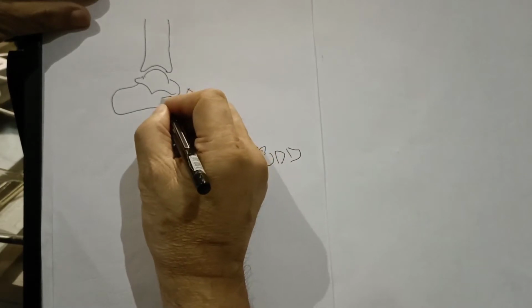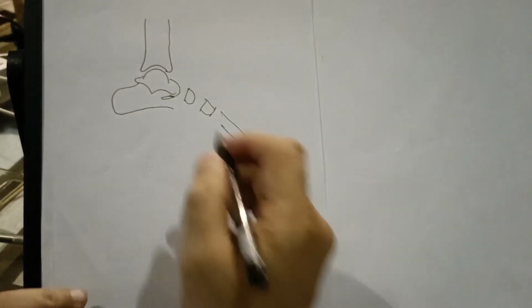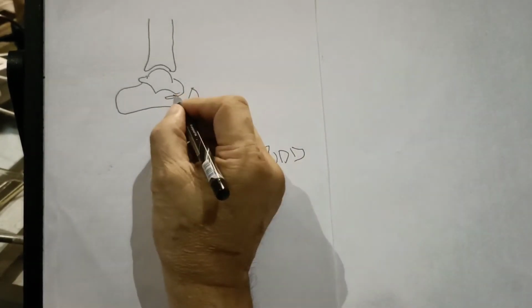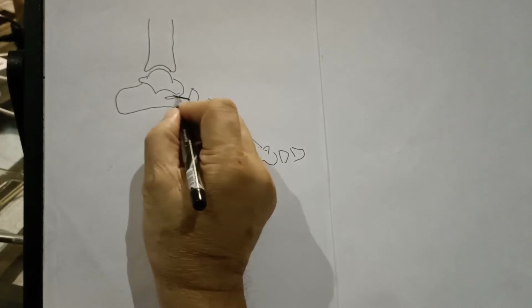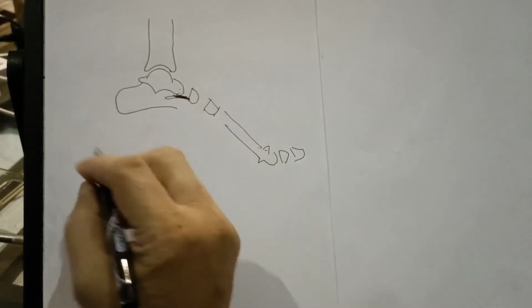and here is the sustentaculum tali, and the ligaments: the spring ligament arises from here and attaches to the navicular, and it supports the head of the talus.